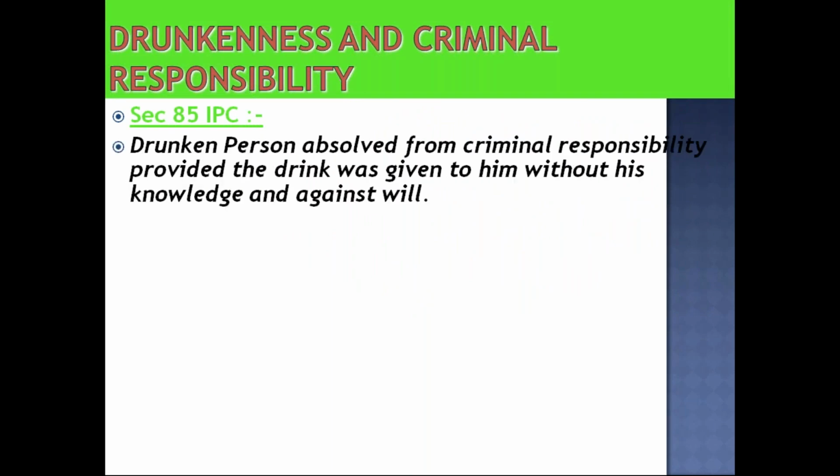Drunkenness and criminal responsibility. Under Section 85 of IPC, a drunken person is absolved from criminal responsibility provided the drink was given to him without his knowledge and against his will. So here we have two sections, Section 85 and Section 86.